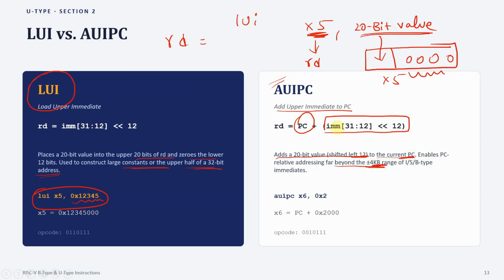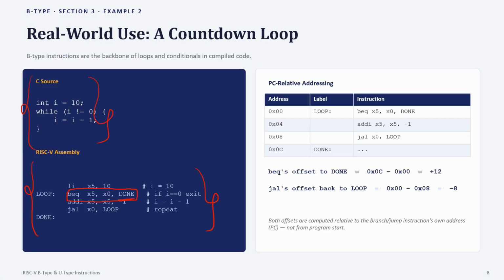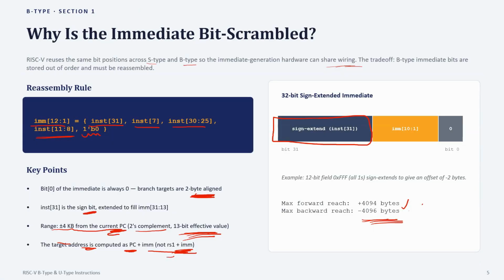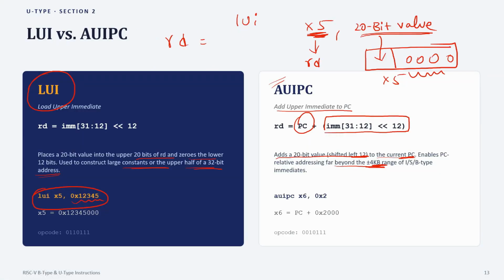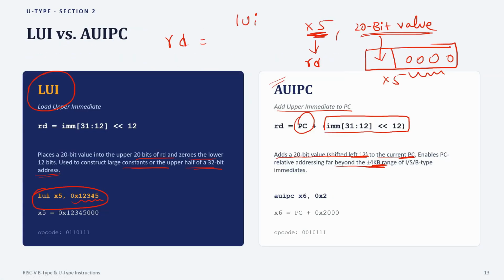Previously, with the 12-bit immediate value, the maximum range we could add to our program counter was only plus or minus 4 kilobytes. But in the case of AUIPC, the immediate value is 20 bits, and that's the reason I can go beyond the plus or minus 4 kilobyte range.